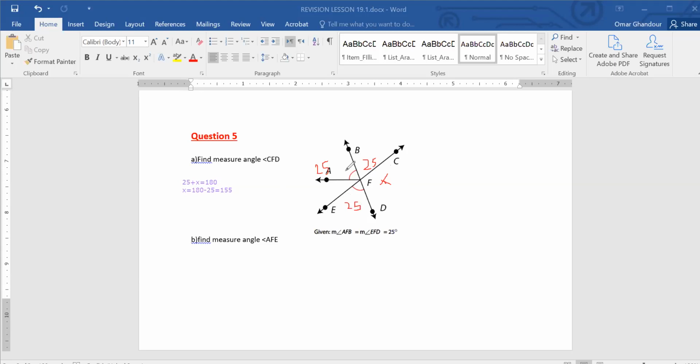Amira told herself this is 25. And since this is 25, using vertically opposite angles, the angle up here is also 25. This 25 and this 25 with the unknown angle form a line. They are all a linear pair. So adding all this together will give you 180 degrees. So you will form an equation and you will find this angle, even without the vertically opposite angle.